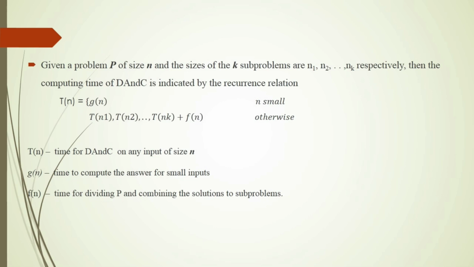Plus, we also have additional time required, represented by f(n). This additional time is nothing but the time taken to divide the problem P into subproblems as well as the time taken to combine all the solutions.